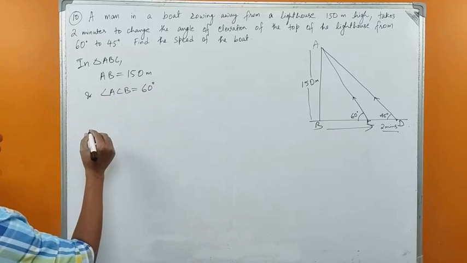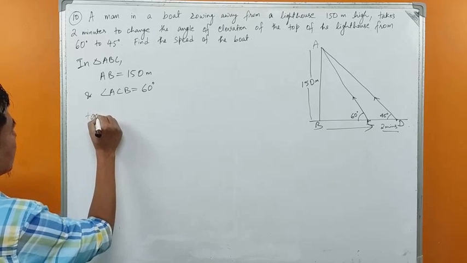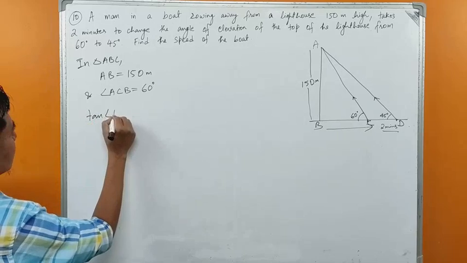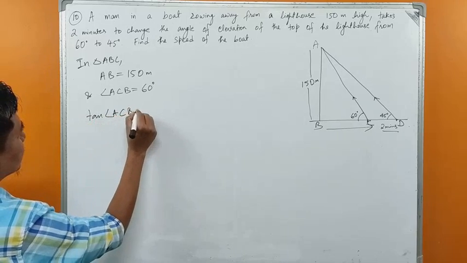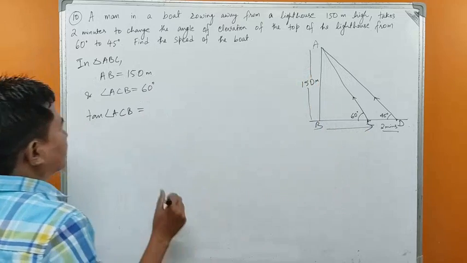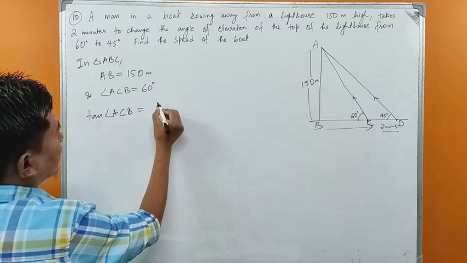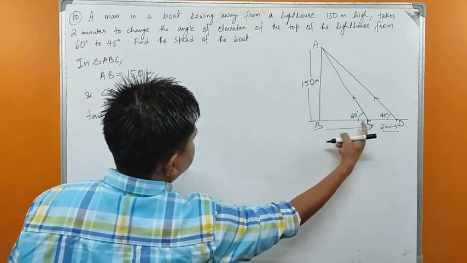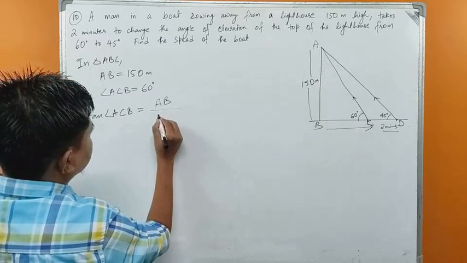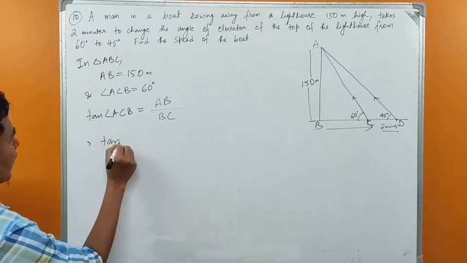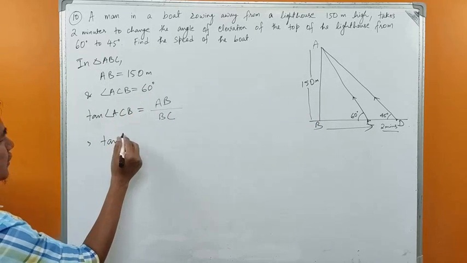Now let us apply tan theta. Tan of angle ACB, in the smaller triangle, is perpendicular AB by base BC, isn't it?